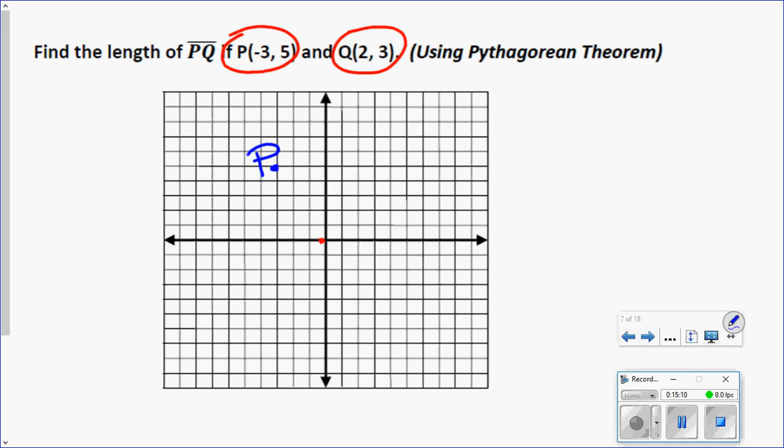And now Q, remember the first number is X, so that's left and right. Second number is Y. That's Q, that's correct, 2, 3. Now draw a line from P to Q, but stay on black lines.